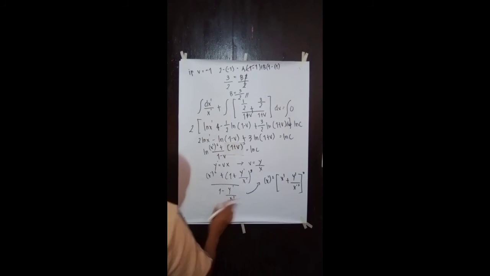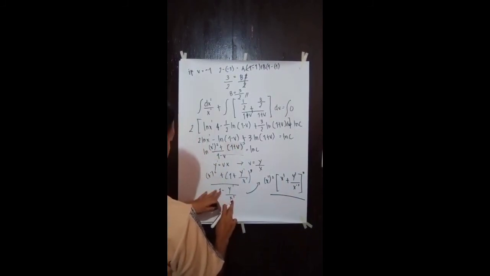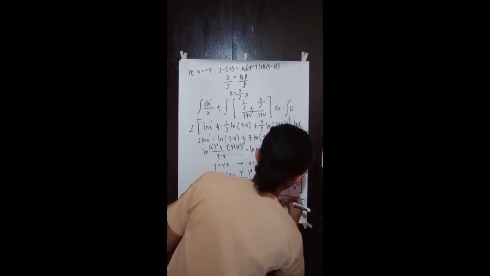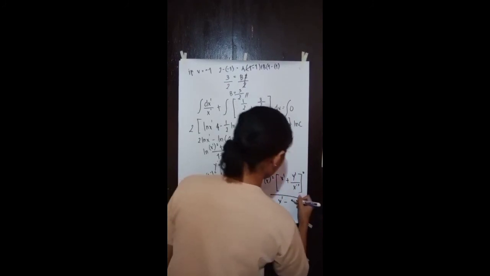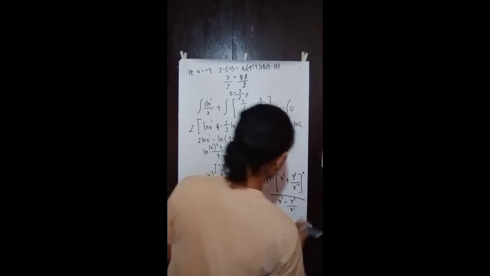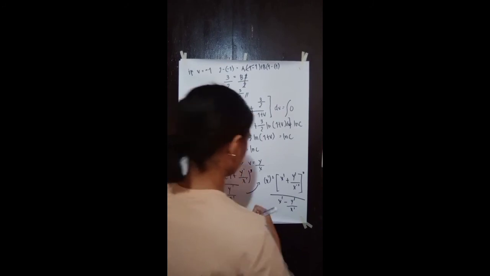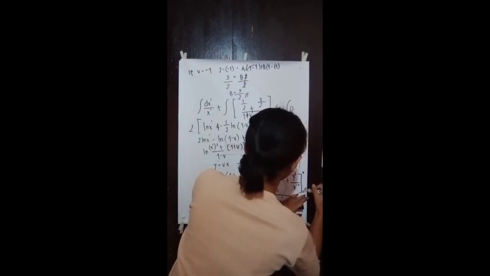After yun, ito naman yung multiply natin over x prime times 1 is x prime, copy lang din ulit, y prime x prime. So, paanong equals to C to? Equals C.